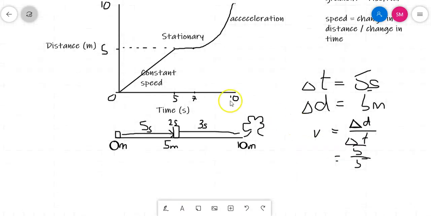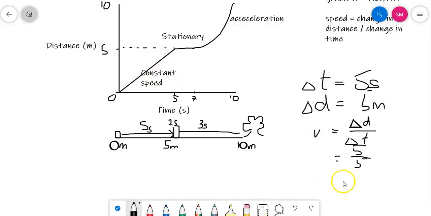So our answer for how fast this is traveling during the first part of it here is going to be 1 meter per second.